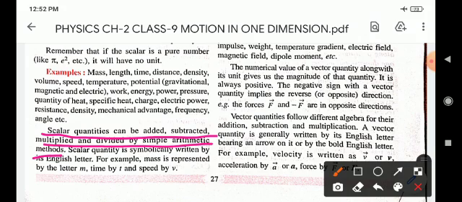A scalar quantity is symbolically written by its English letter. For example, mass is represented by m, time by small t, speed by small v, temperature by theta in degree centigrade, and amplitude by small a.